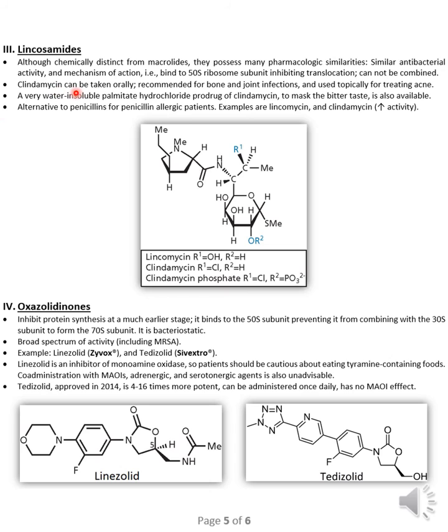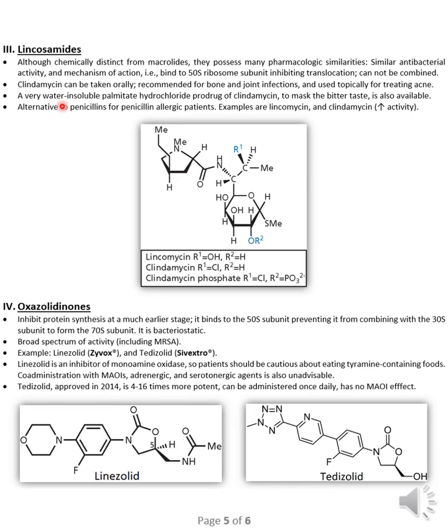Clindamycin is an example of that. It can be taken orally for bone and joint infection and topically to treat acne. And the same problem as with the macrolides applies, the bitter, unpleasant taste. You could formulate the clindamycin into a water insoluble palmitate prodrug, such that it can cover the unpleasant taste.